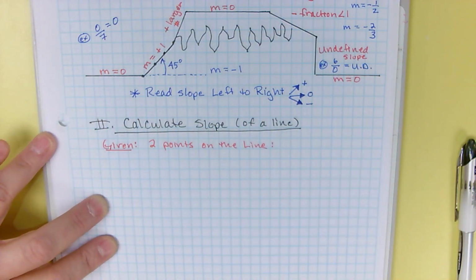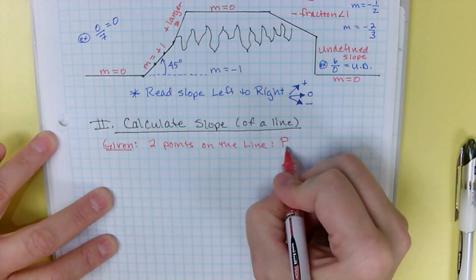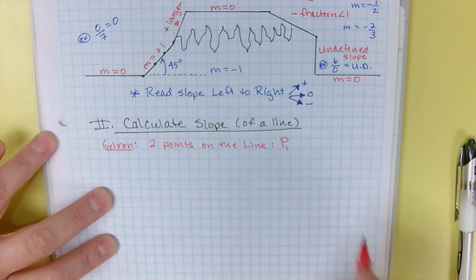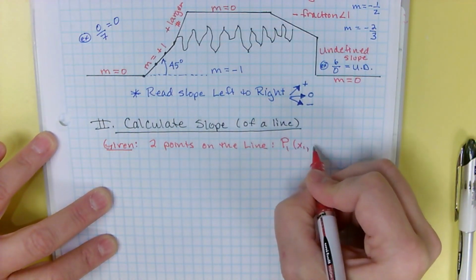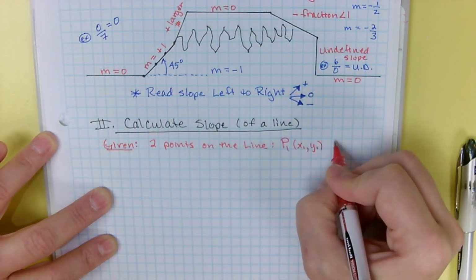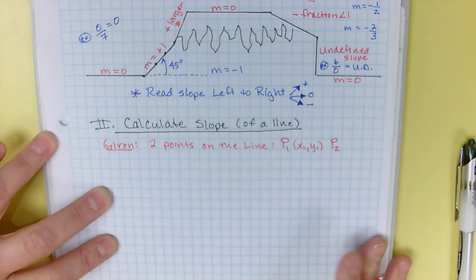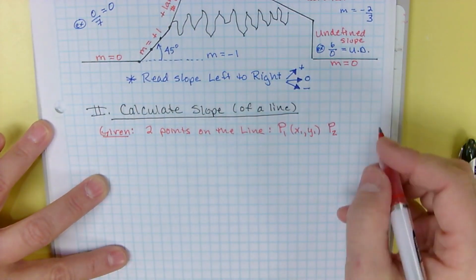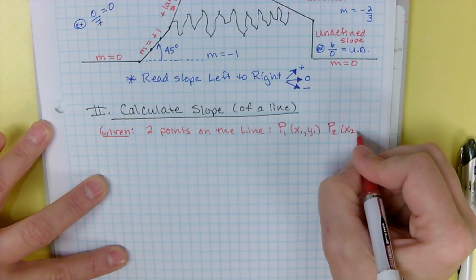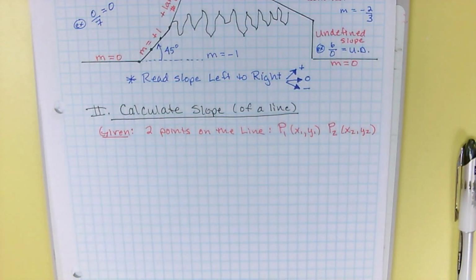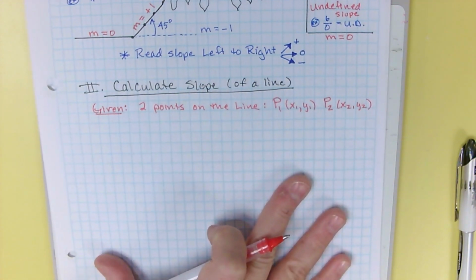So we have to designate different points. So capital P subscript 1 is point 1, and its coordinates are x1, y1. And then you have capital P subscript 2 for point 2, whose coordinates are x2, y2. So all the subscripts do is tell you if it's point 1 or point 2.